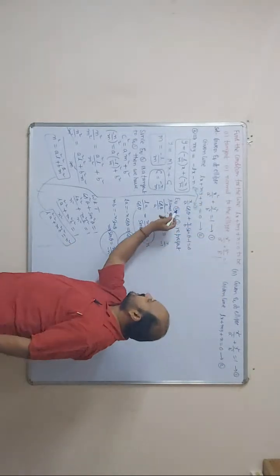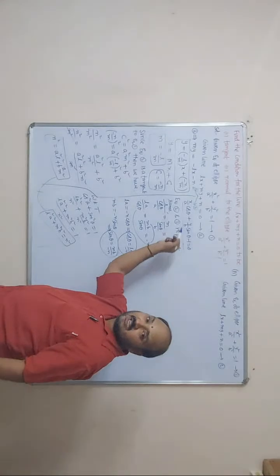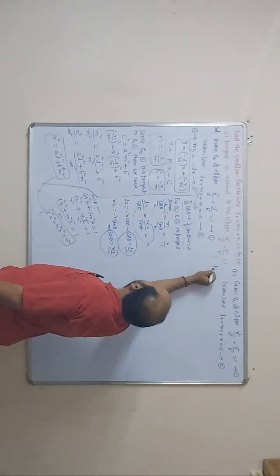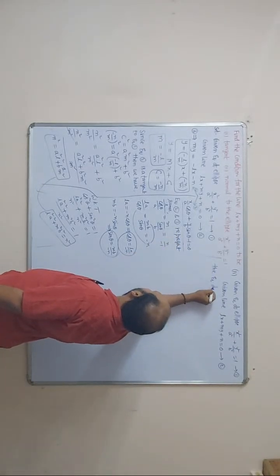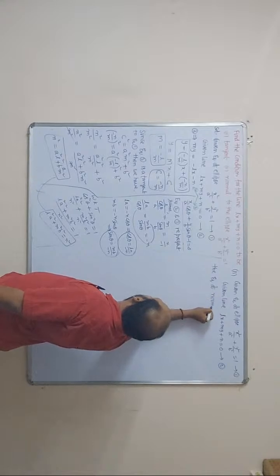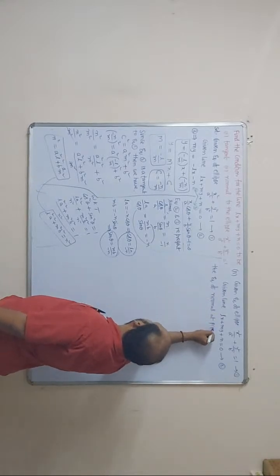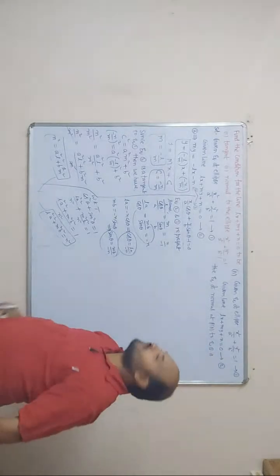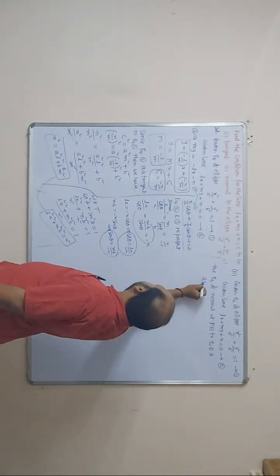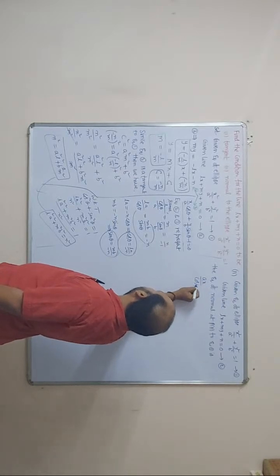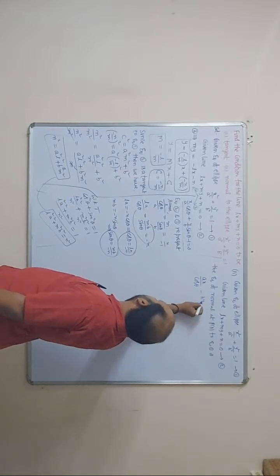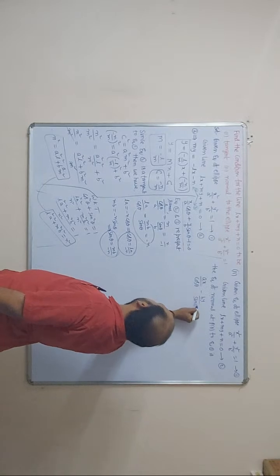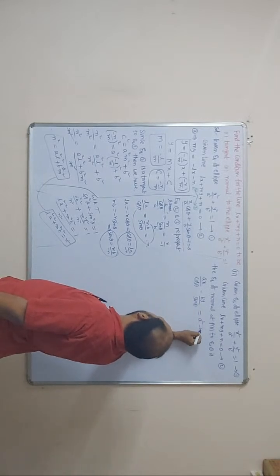What is the normal equation? This is the tangent equation, dear students. Previously I wrote the equation of normal at P of theta to equation 1 is, now we can write it as ax by cos theta minus by by sin theta is equal to a square minus b square.